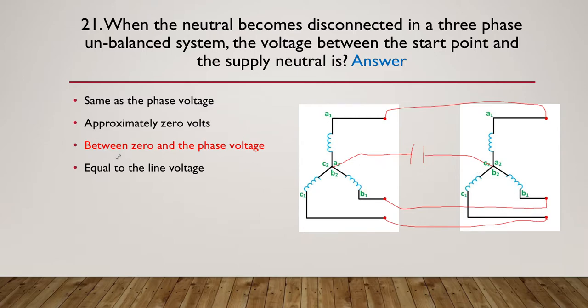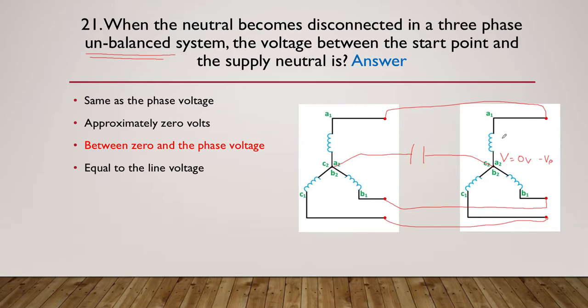And the voltage here will be somewhere between 0 volts and volts phase, depending on how the load is. So again, unbalanced load. So our load was unbalanced.